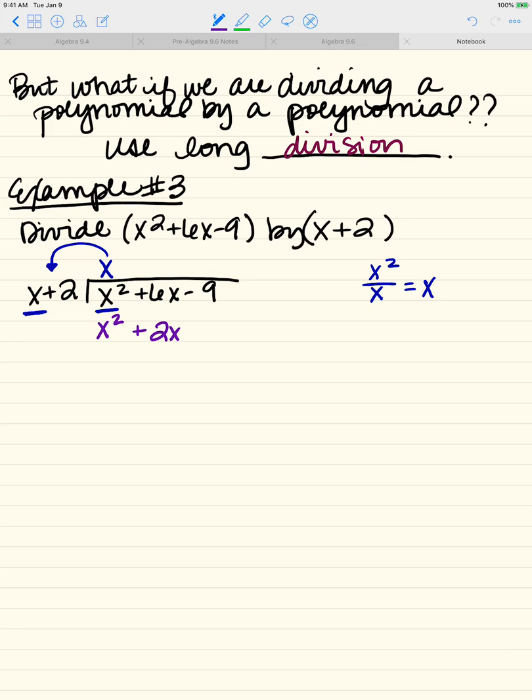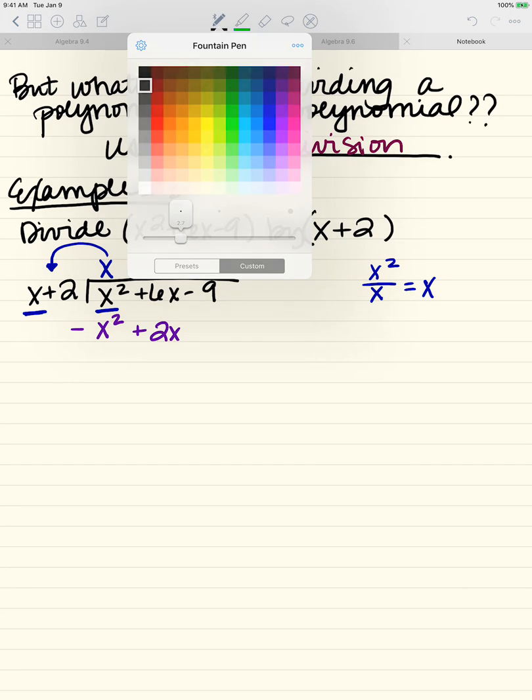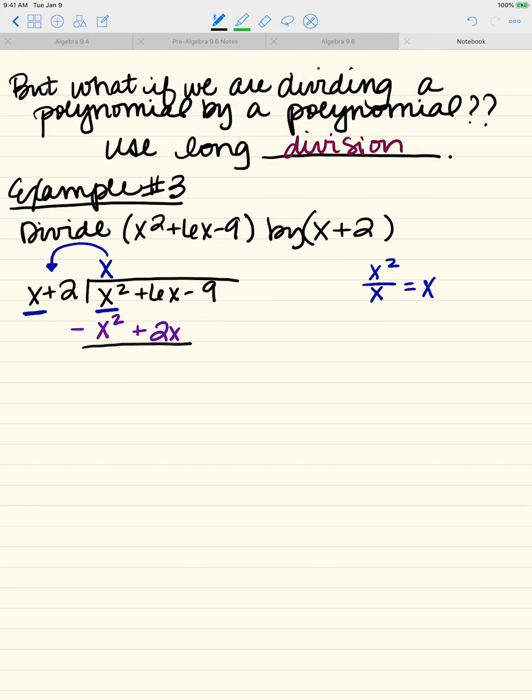Just like long division, from here, you're going to subtract. x squared minus x squared is 0. You can write that 0 if you want. You don't have to. Then you have 6x minus a positive 2x, because here we have some parentheses.